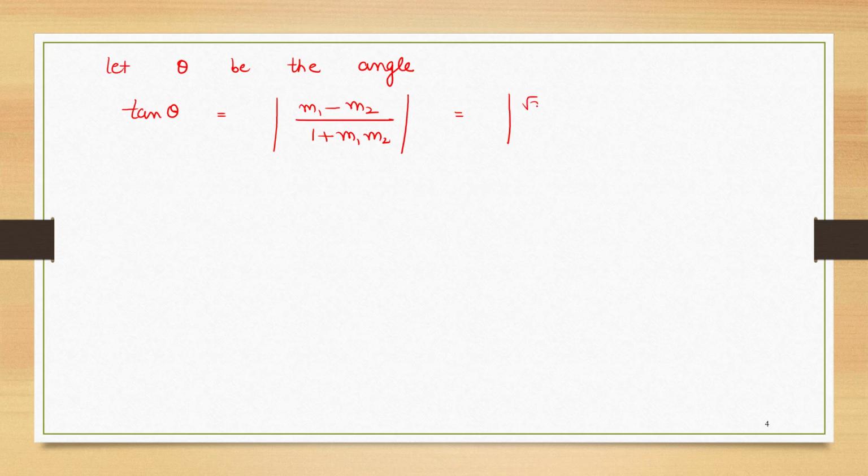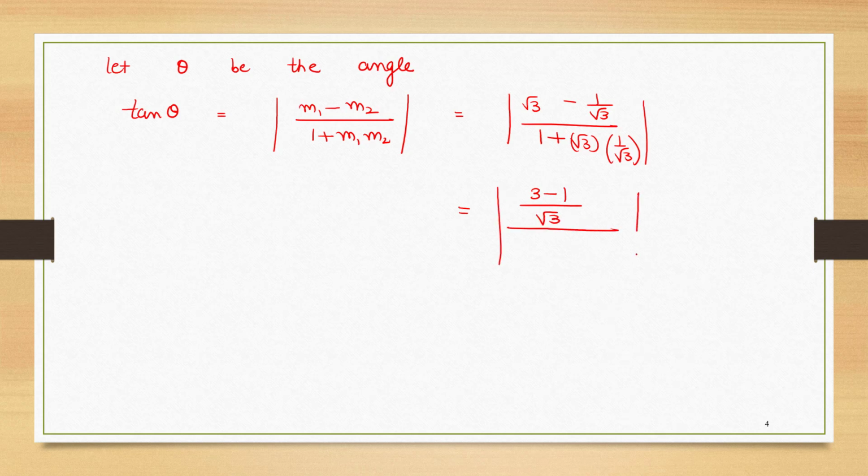So this is (square root 3 minus 1 by square root 3) upon (1 plus square root 3 into 1 by square root 3). Square root 3 into square root 3 is 3, so the numerator is 3 minus 1 over square root 3, divided by 1 plus 1, which gives 2 by 2 square root 3, or 1 by square root 3. So we get tan theta is equal to 1 by square root 3.